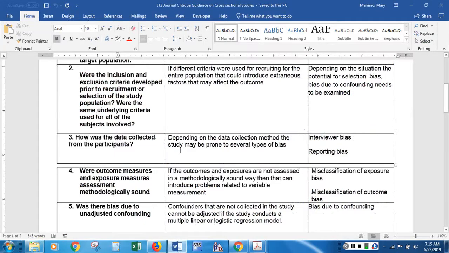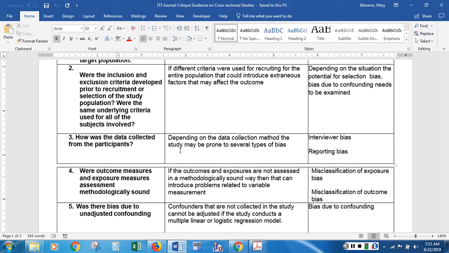Depending on the data collection method, the study may be prone to several types of bias. So, looking at what would be the potential for interviewer bias as well as reporting bias based on a mail method of responding to surveys or an online method of reporting to surveys. You can respond to this in several ways. One, again, because your task is to defend whatever approach you present, as long as it is grounded in fact.